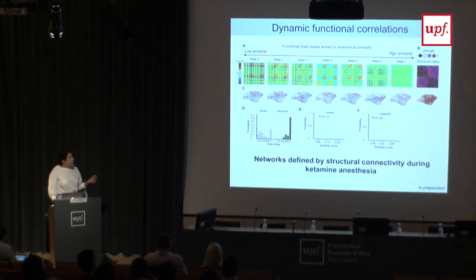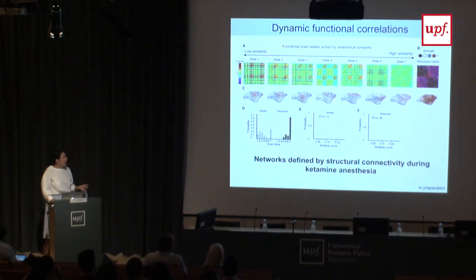So we also did this dynamic functional correlation analysis in the monkey under ketamine and then under sevoflurane anesthesia, and you get a similar profile, whatever anesthetic you use. States 1, 2, and 3 are never present under anesthesia. So if your monkey is not present, it will never be present.